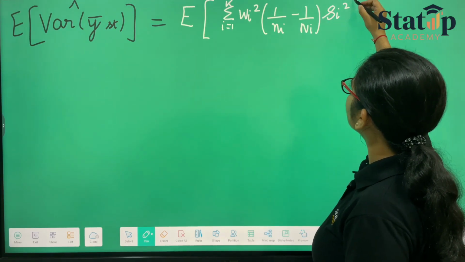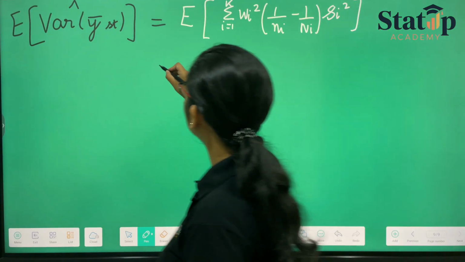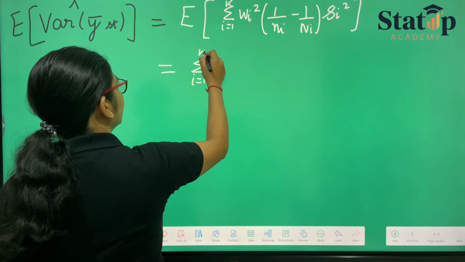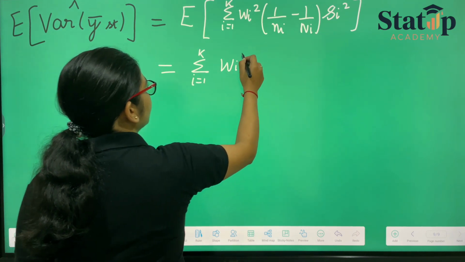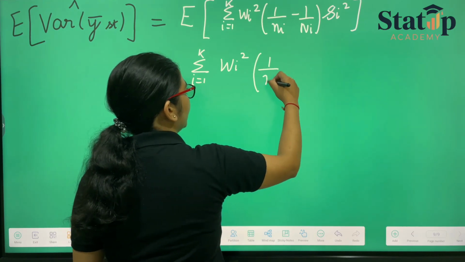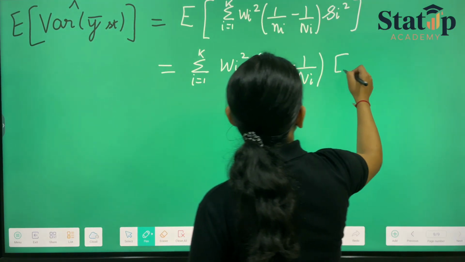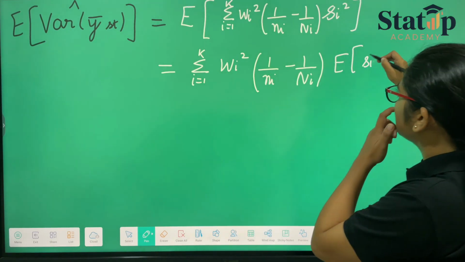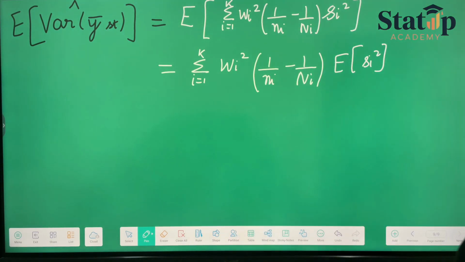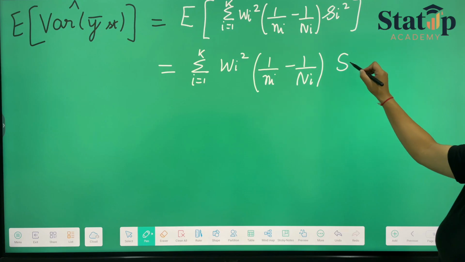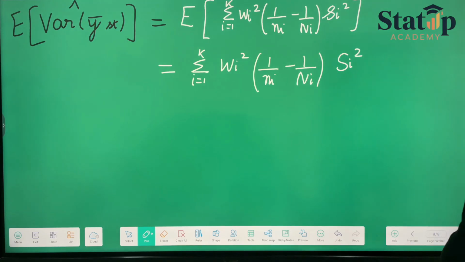This will be small si square. And if we take the estimation inside, we are left with summation i goes from 1 to k, wi square, 1 upon ni minus 1 upon capital Ni, estimation of small si square. Now the estimation of small si square is nothing but capital Si square. So we can write it here as capital Si square.